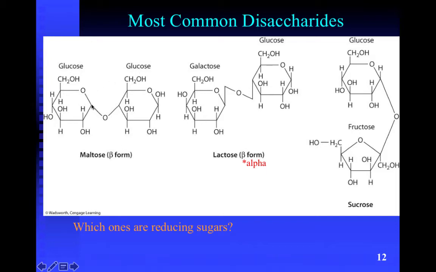Here's the glycosidic bond right here. Now, in the case of maltose, in order to name these glycosidic bonds, you first find the anomeric carbon or carbons. Here's glucose, so here's its anomeric carbon. It's in that glycosidic bond. Here's the anomeric carbon of this glucose. It is not in that glycosidic bond. So here's our bond.